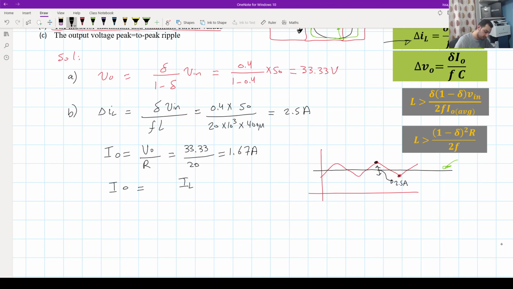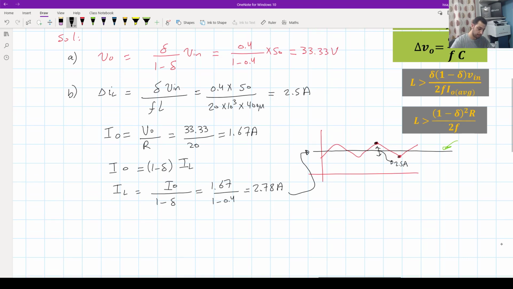So I think we have here multiplication by the off time. So my inductor current will equal my output current divided by 1 minus delta, and that is 1.67 divided by 1 minus 0.4, and that will give us a value of 2.78 ampere. So that is the value of this level here.